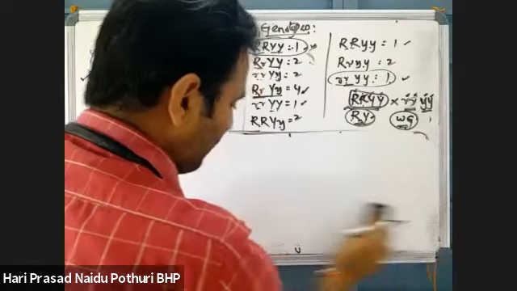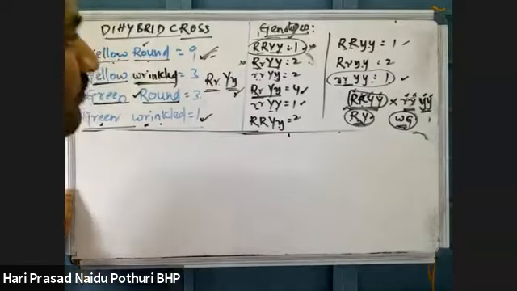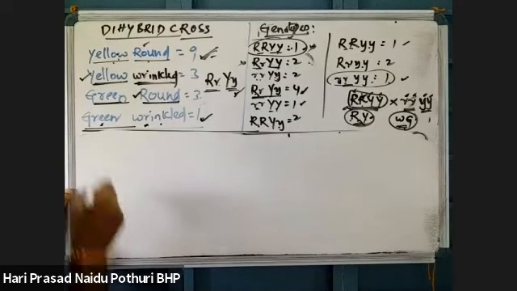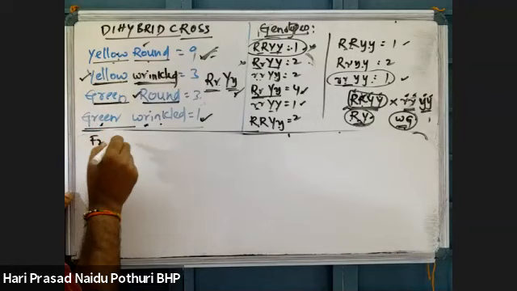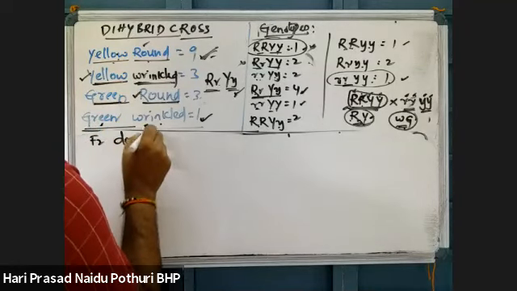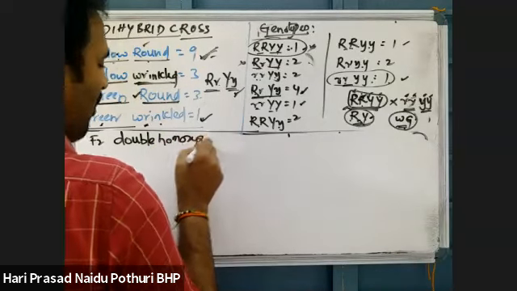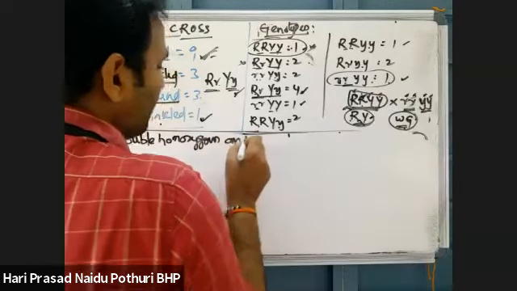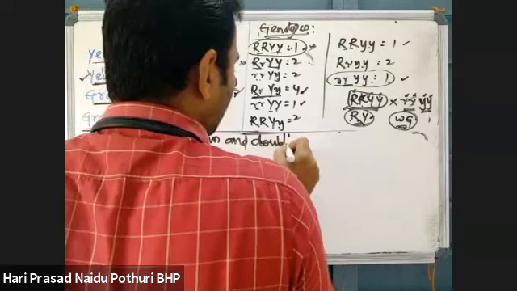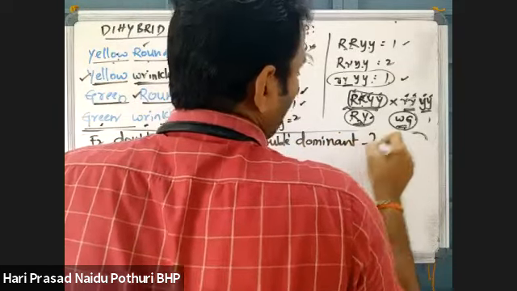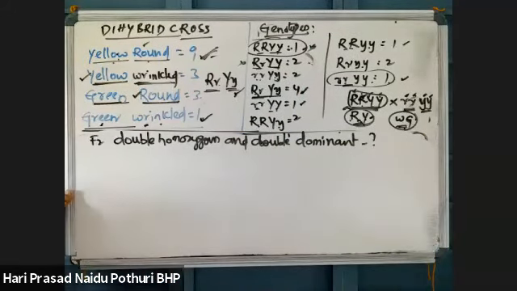See some more questions on this same. And what is the F2 double homozygous and double dominant? Double homozygous and double dominant.